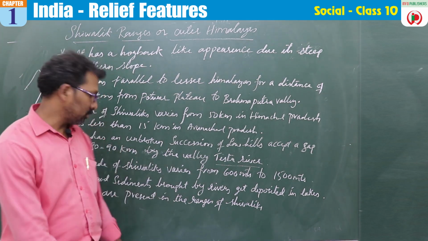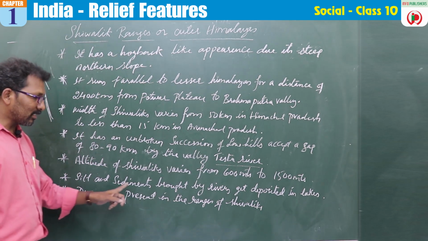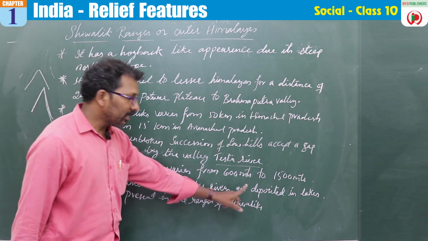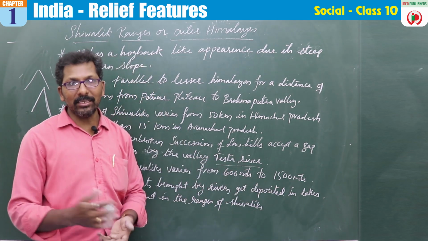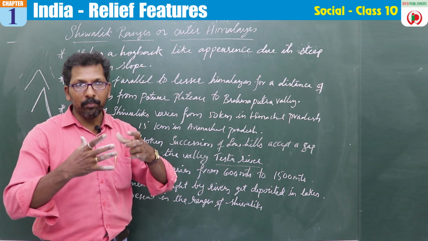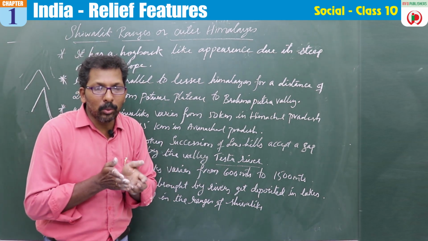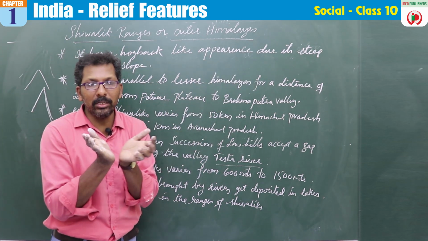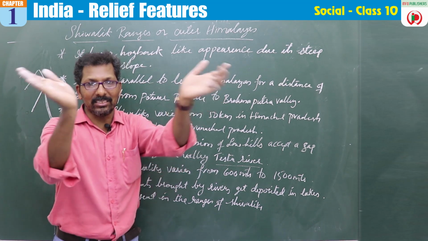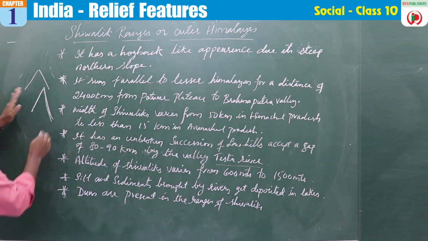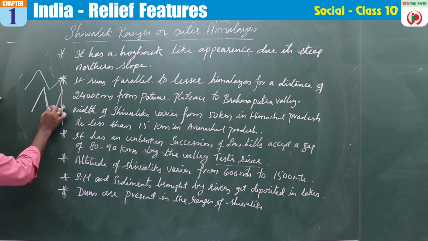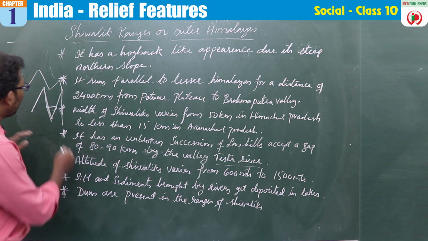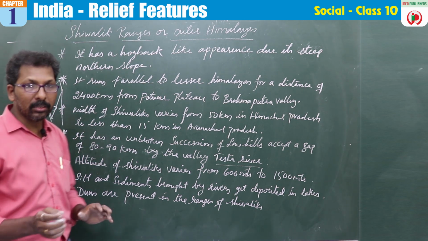So what are dunes? Here you see, silt and sediments brought by the rivers get deposited in the lakes, and when these lakes overflow, these rivers cut through and form valleys, like V-shaped valleys. Can you see this? Between the Lesser Himalayas and the Shivaliks, there are valleys present.